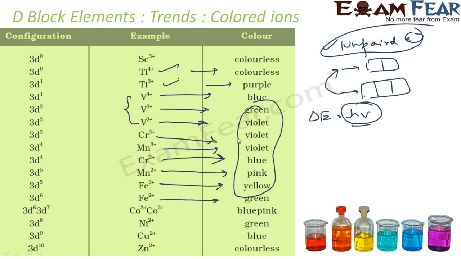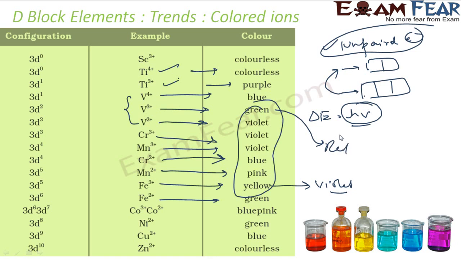For example, if the color absorbed is violet, the color observed will be yellow. So in this case, violet was the color absorbed. For orange, the color absorbed is blue. For green, the color absorbed is red.